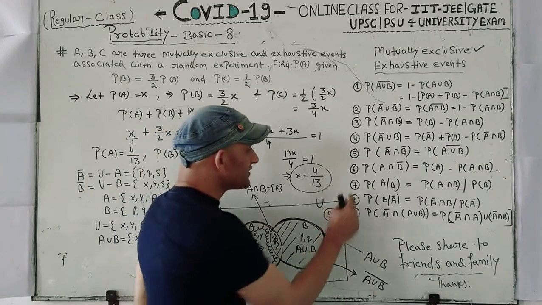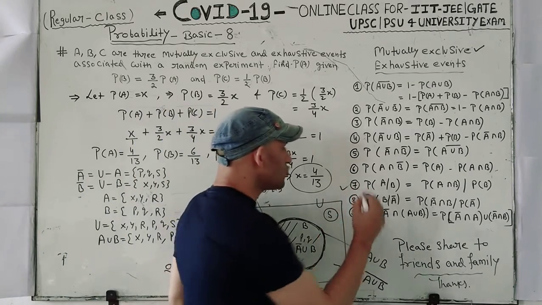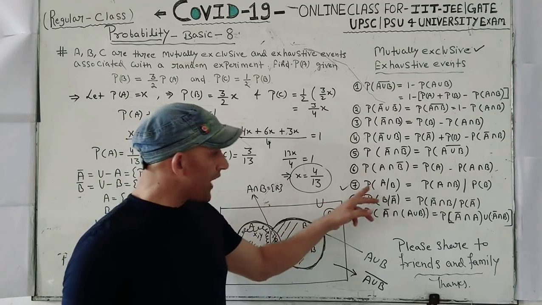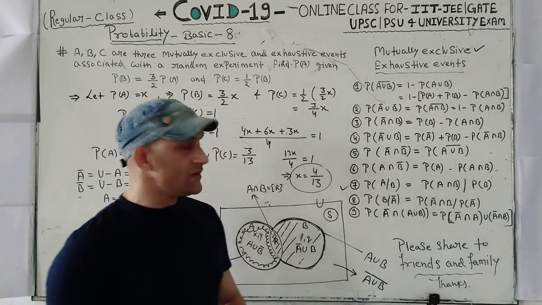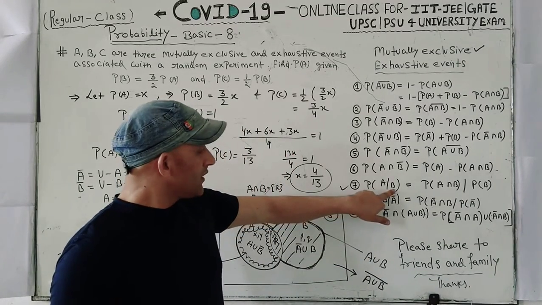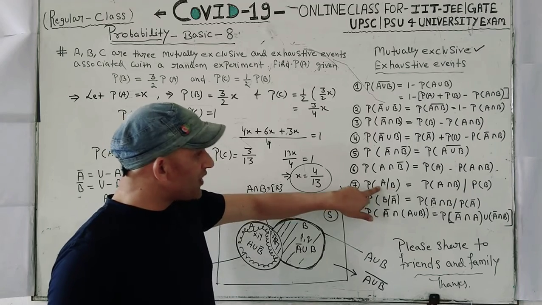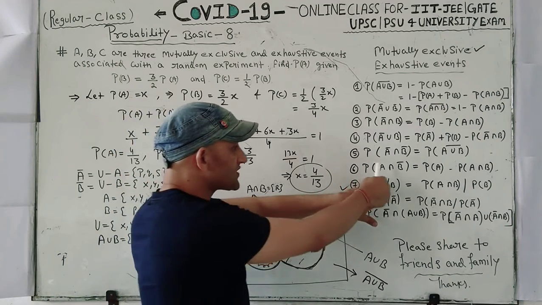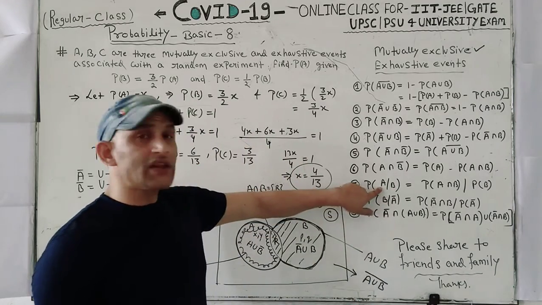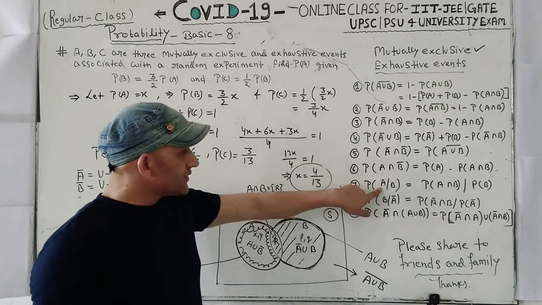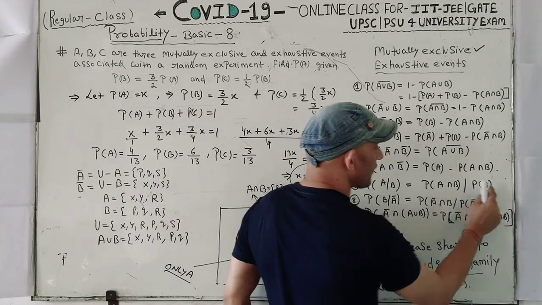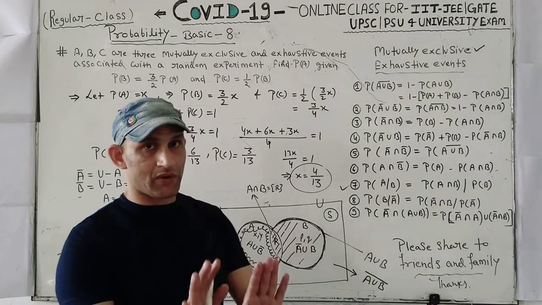Then this is Bayes theorem. You must go to the previous lecture, lecture number 5, where we have explained probability of A upon B. That is the meaning: if this case has already happened, then what will be the probability of selecting A. So it is probability of A intersection B upon probability of B. You have to remember this.